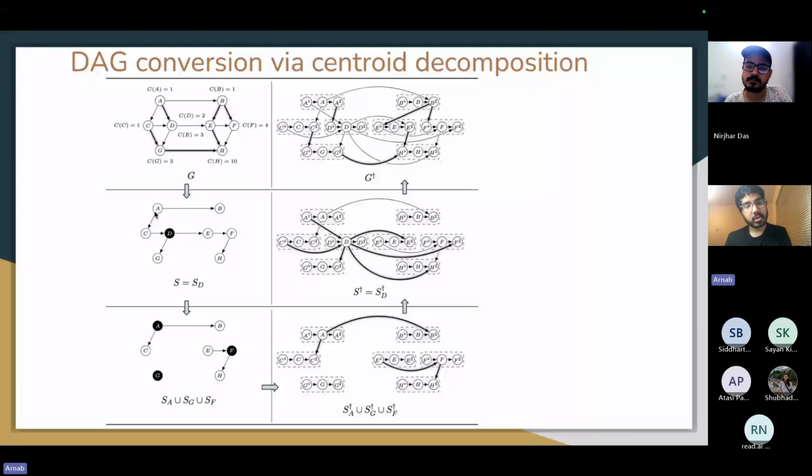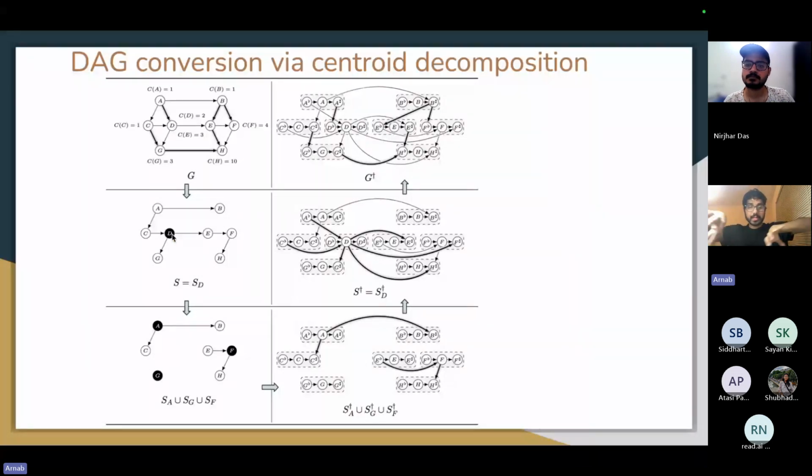If you look at this path, it's pretty huge. To reduce the length of this path, ideally I do this decomposition and create a direct edge from A to D and then from D to F. That would drastically reduce the path.